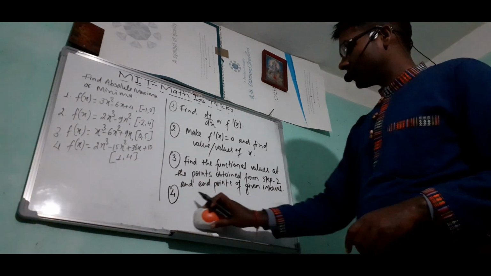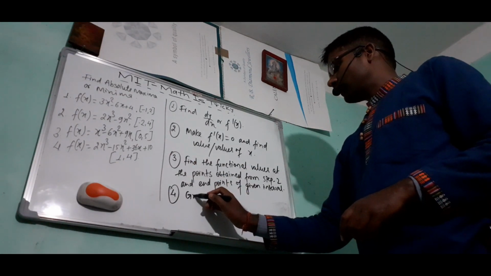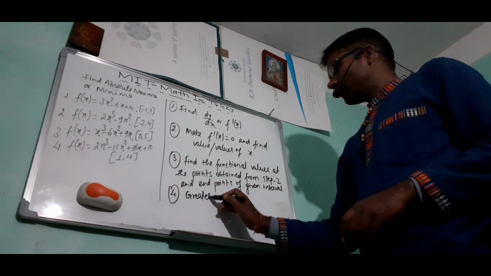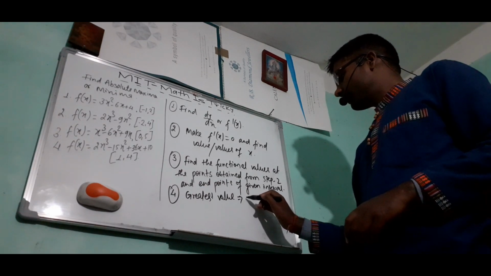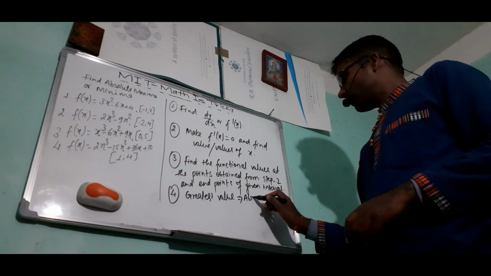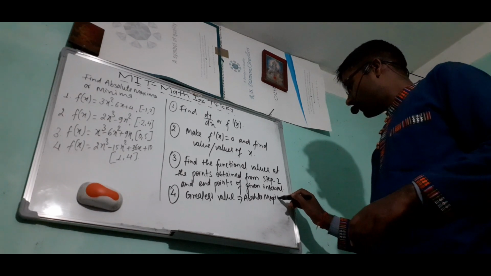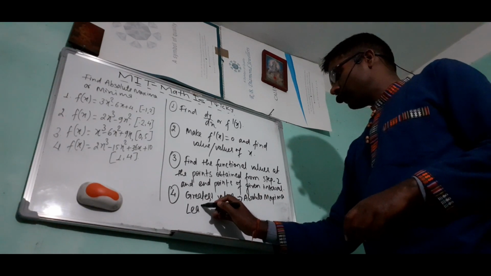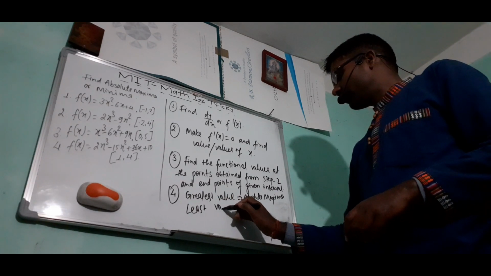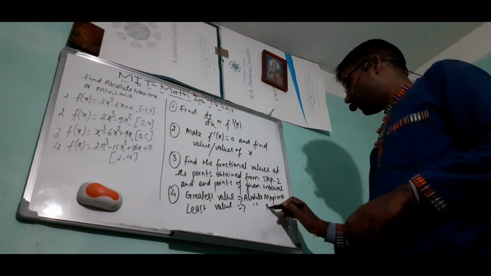The conclusion is simply here: the greatest value will be the absolute maxima. Okay, the least value will be the absolute minima.